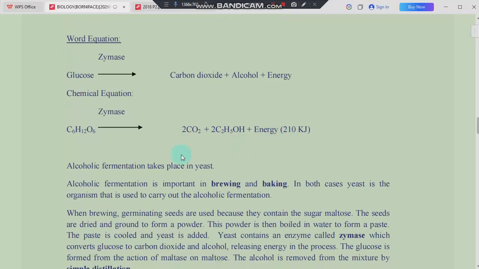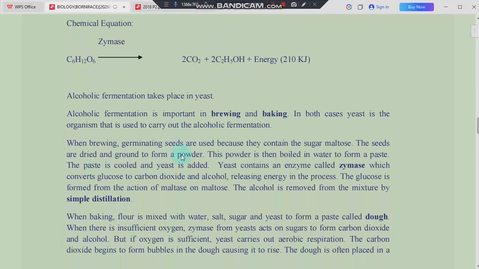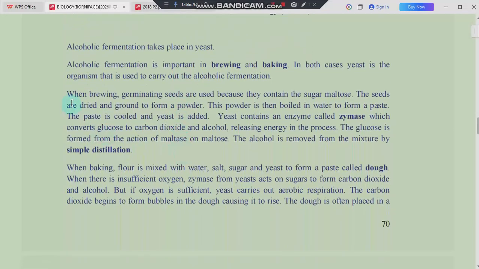So let's look at this little passage a little bit. We are being told that alcoholic fermentation takes place in yeast. Alcoholic fermentation is important in brewing and in baking. In both cases, yeast is the organism that is used to carry out the alcoholic fermentation.